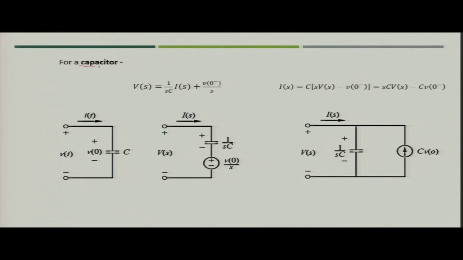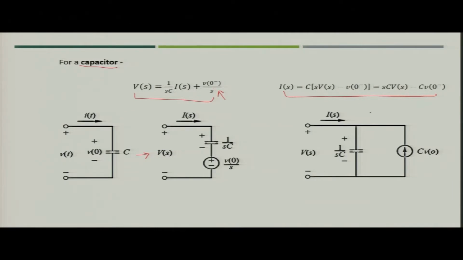Similarly, for the capacitor we discussed that we will have two equations, one for voltage and another for current. For voltage, if you transform the time domain circuit into S domain, it will be as shown in the figure, where V naught by S is the initial condition, that means the voltage across the capacitor at time t equal to 0.